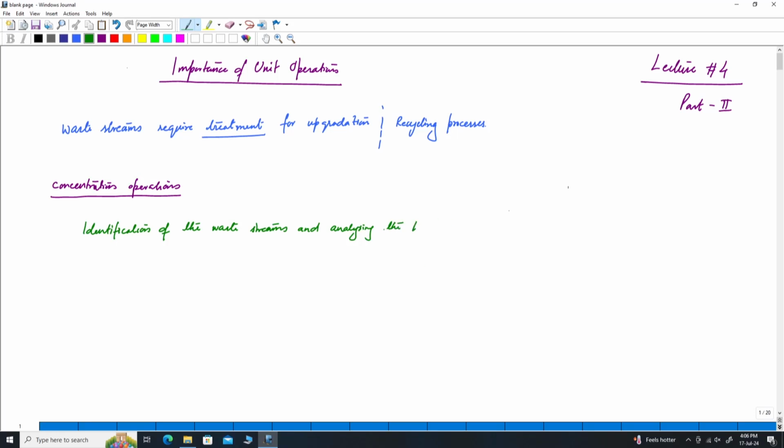Analyzing the key materials. Key materials as in the materials that are worth extraction from these wastes, and what we can reuse or resell or bring back into the material cycle for economic benefit as well.